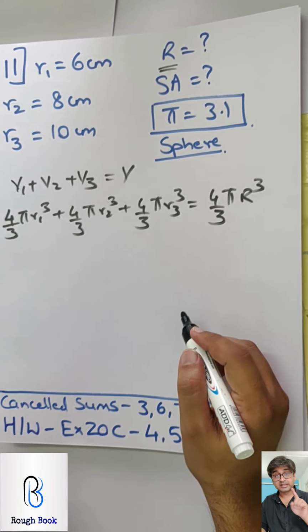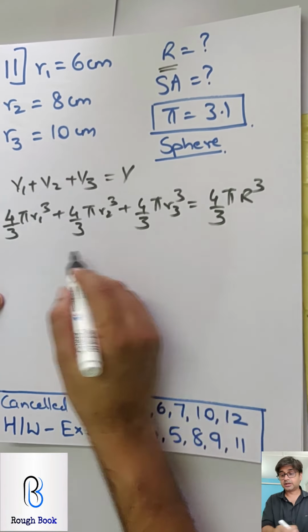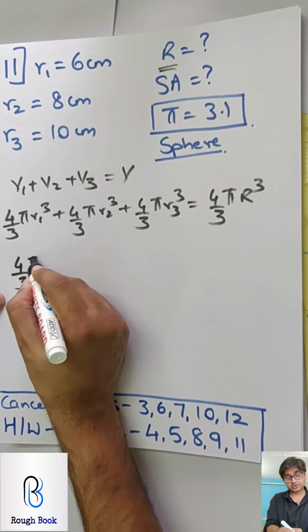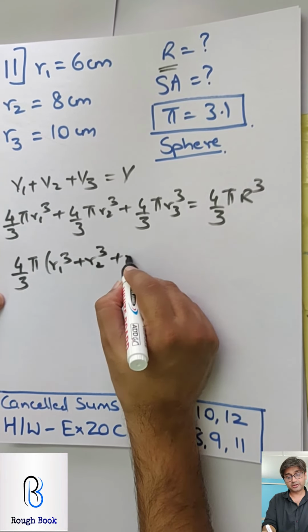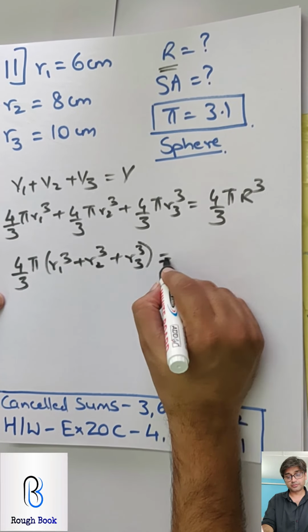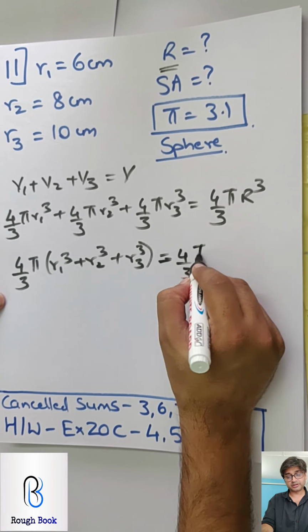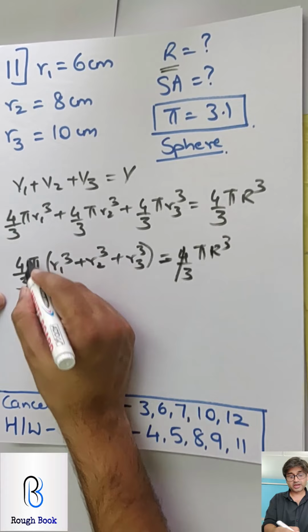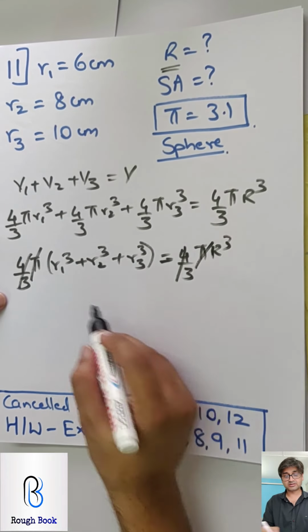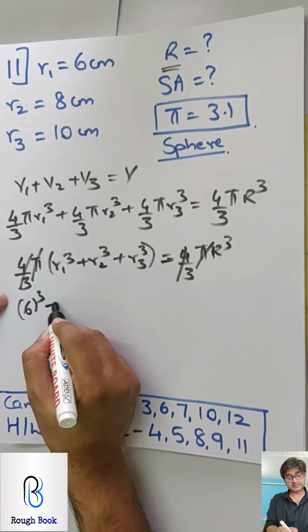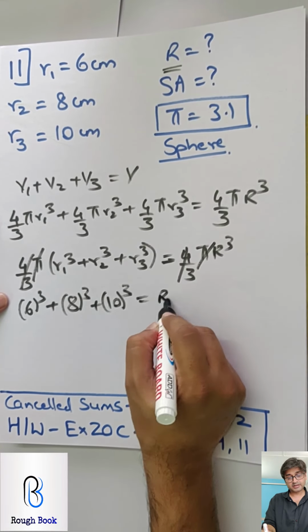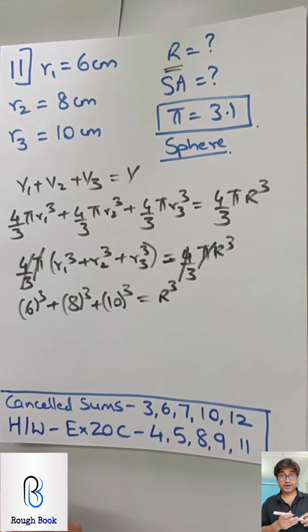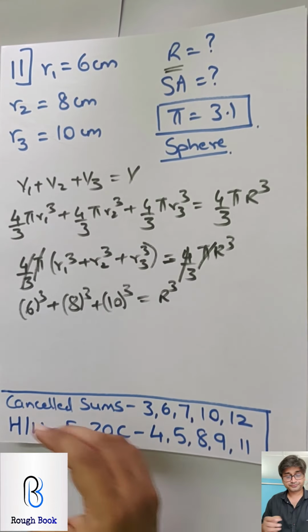Don't find all these separately, you will go mad. Take it together because the advantage is you can take pi common. So R1 cube plus R2 cube plus R3 cube is equal to capital R cube, after canceling 4 upon 3 pi. So I can cancel these things straight away. Now this will be 6, 8 and 10 is equal to capital R. Come on, now solve it and get me the answer.